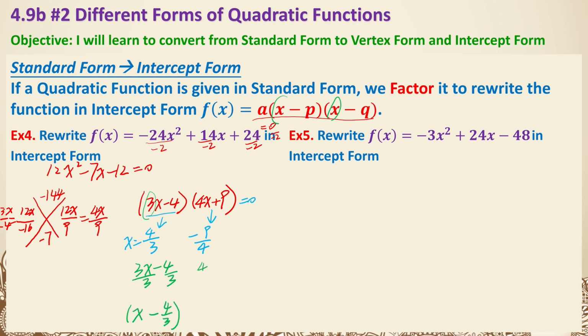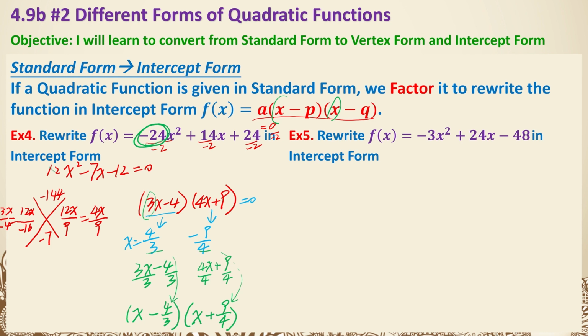And then for the 4x plus 9, we're going to divide everything by 4 since we just want to leave an x. So now we're going to get x plus 9 over 4. I do recommend using this method. The reason is, if you choose to use the other method to find the zeros, you have to always remember to use the opposite number to put inside parentheses. Now lastly, let's not forget we are going to need the leading coefficient.